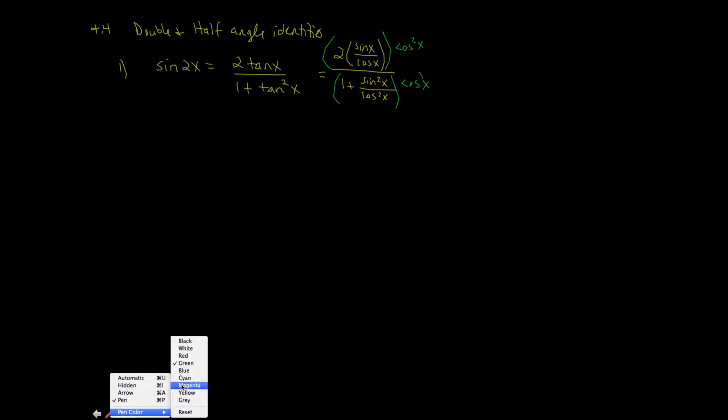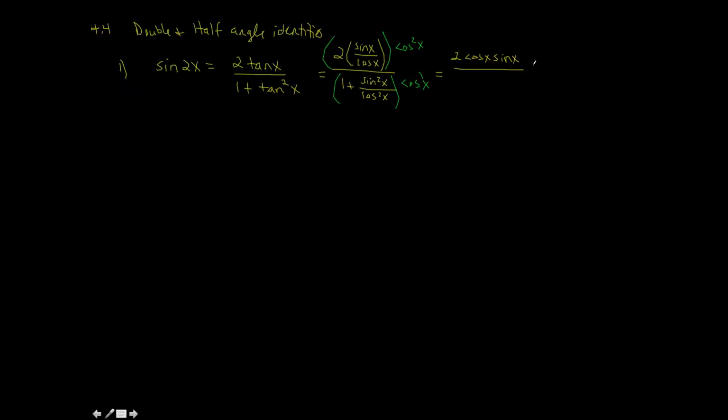Okay, so at this point I have 2 cosine x sine x on top after I multiply through. When I multiply through on the bottom, I'm going to have cosine squared x plus sine squared x.